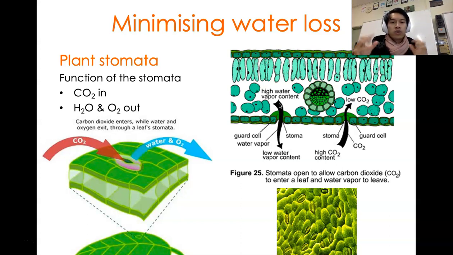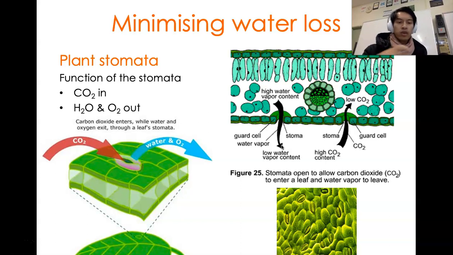If the guard cells close the stomata, then photosynthesis will slow down or even stop, preventing any carbon dioxide from going into the plant and preventing any water and oxygen from leaving the plant. And so the plant can regulate how much it's photosynthesizing based on the opening and closing of the stomata.